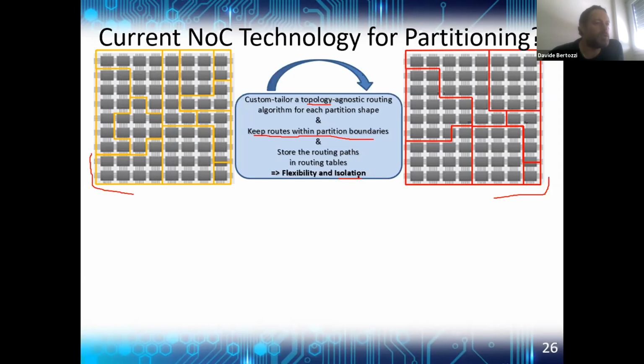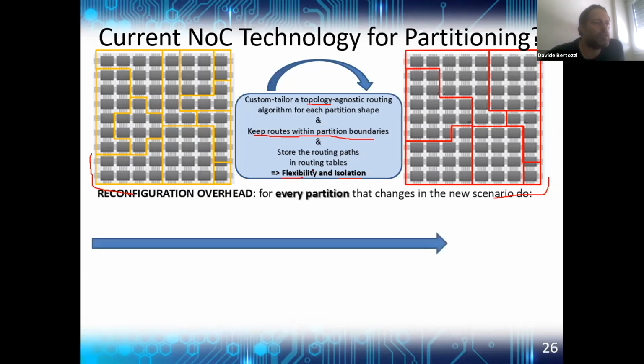And you will compute the routing paths based on the topology agnostic routing algorithm in your partition, and you will program your routing tables accordingly, this way delivering flexibility. So what happens is that at runtime, when you need to reconfigure your partitioning pattern for a new partition size or shape, you need to take the following course of action.